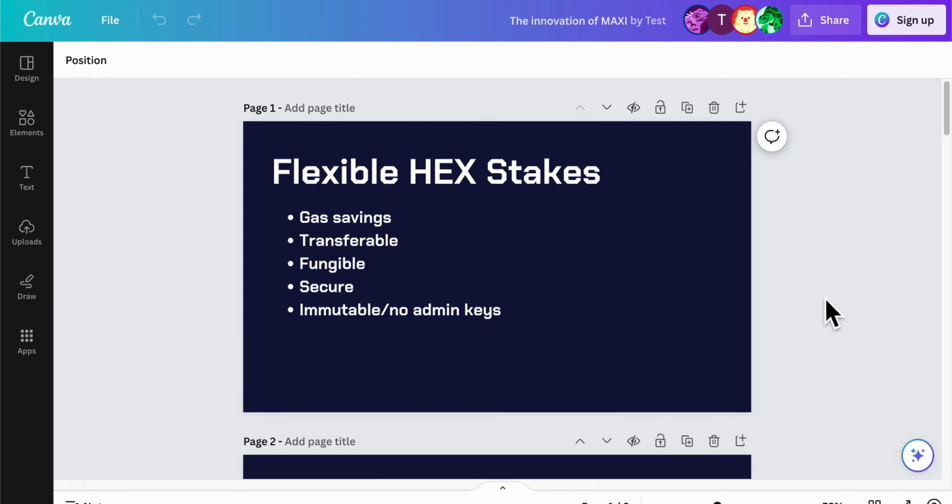Well, as you know, in hex, when you stake, you're locking up your hex for a period of time, sometimes a very long period of time. And when your hex is staked, it's actually burnt, and it's removed from supply completely. Then at the end of the stake, you mint your principal again and your rewards.